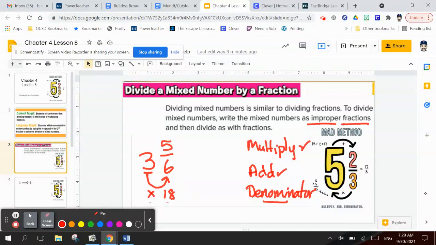I'm now going to add 18 to my numerator, plus 18. 5 plus 18 is 23. The last thing is my denominator. My denominator stays the same. So if my denominator here is 6, my denominator here is 6. So 3 5/6 is the same as 23/6.